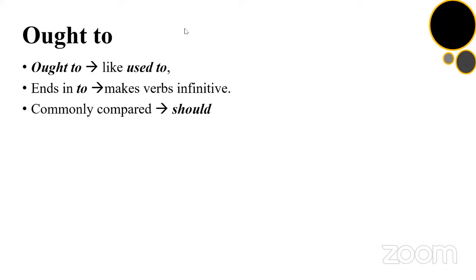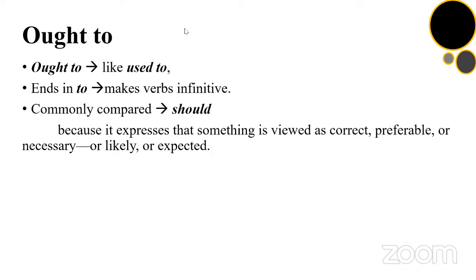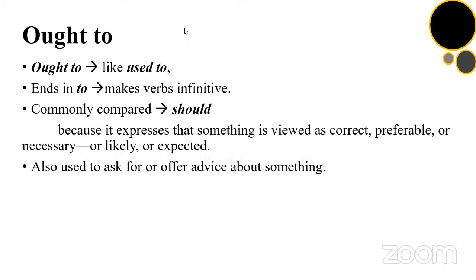Infinitive, right? So it is commonly compared with should, actually. It is like used to only, but it is compared with should, fine? So mostly it will be viewed as a correct or preferable or necessary one, fine? Because it is expressing what is viewed as correct. And also when you offer advice about something, you will be using ought to, fine?